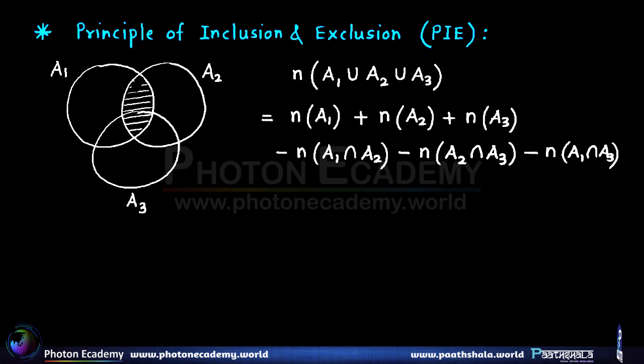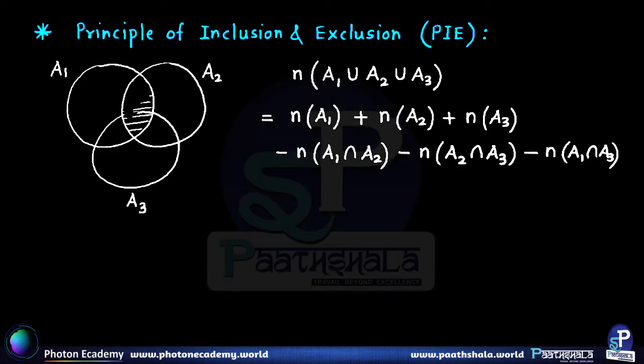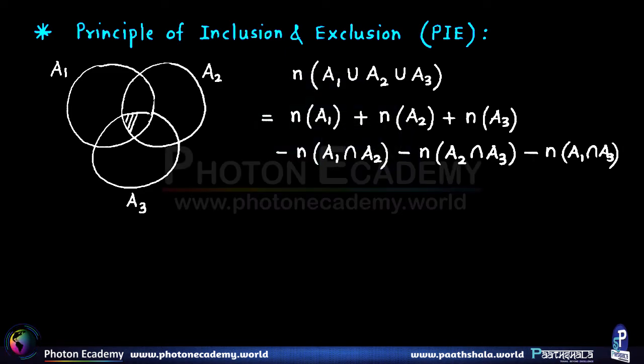Now in this process, what has basically happened is, although the areas which are common to the two sets each have been accounted for, the area which was common to all of the three sets, that is this particular area which is the common region of all the three sets A1, A2 and A3, was present in the individual numbers, that is A1, A2 and A3, as well as in the remaining three terms which we subtracted.